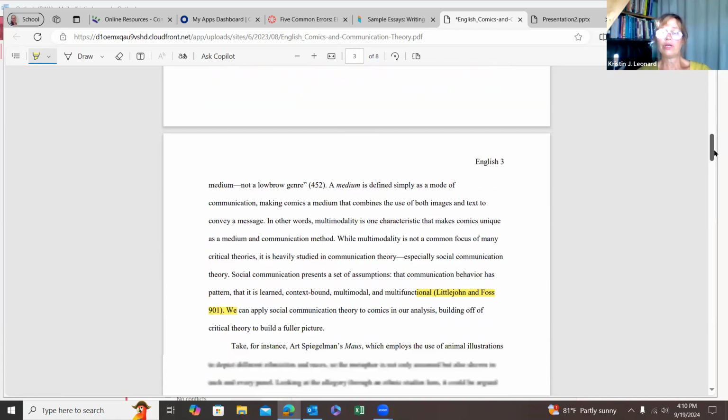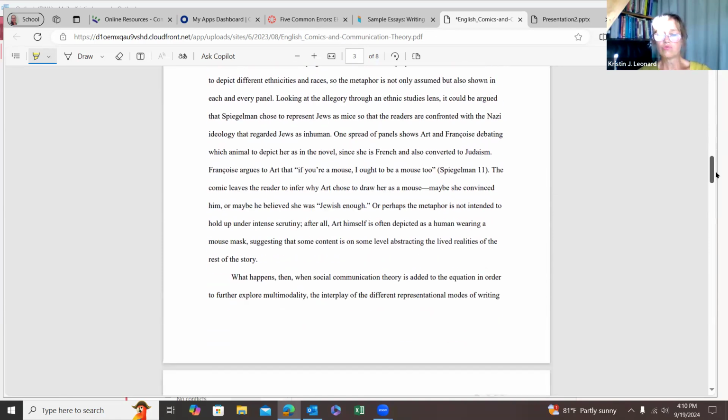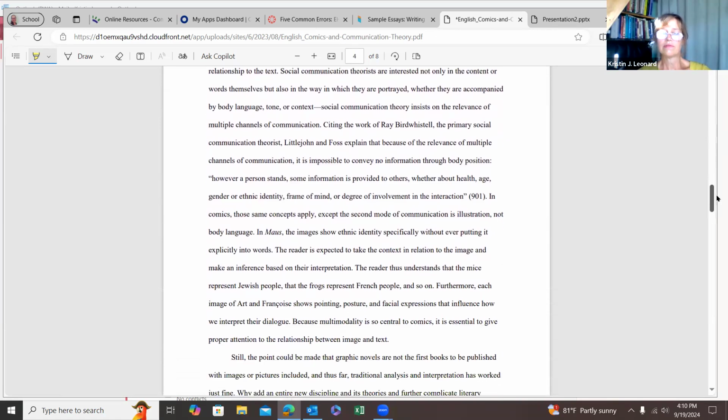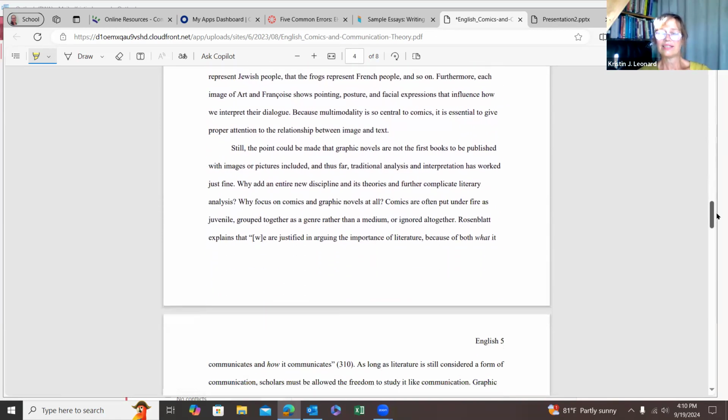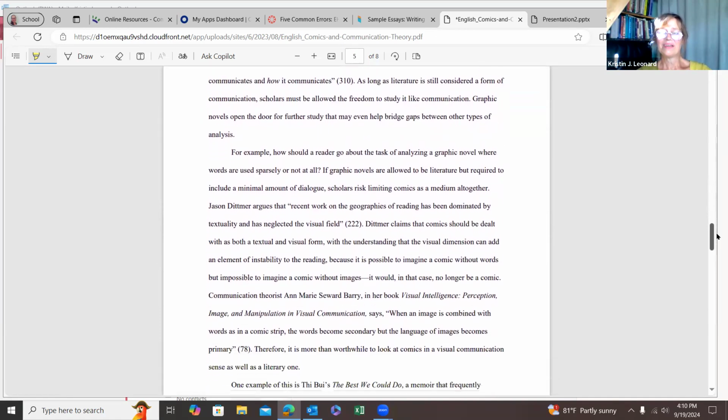So we could introduce it. Let me find an example here. Oh, this is kind of an example. Jason Dittmar argues that, this is a signal phrase that introduces what Jason Dittmar is going to argue.